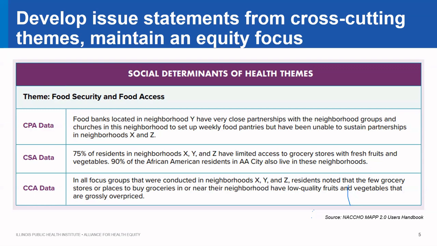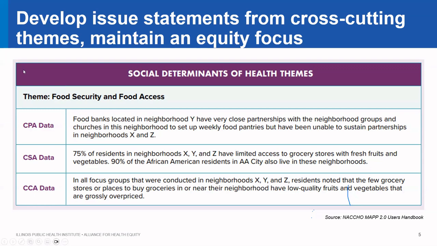So this is an example of a social determinant of health theme. In the handbook, they divide the themes up into categories like built environment, social determinants of health, and health behaviors, for example. The theme here is food security and food access.